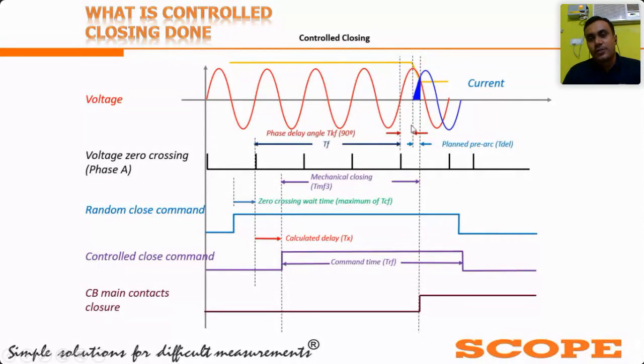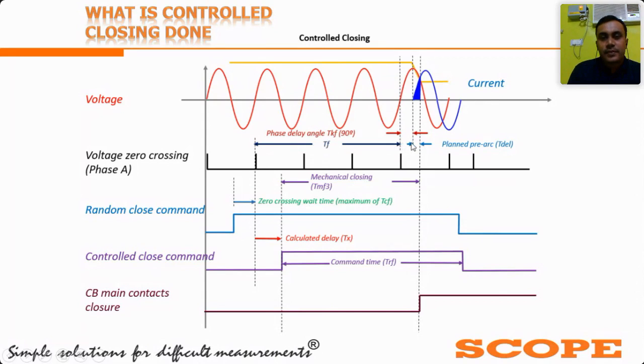So if we convert it into a formula, we will say that the breaker main contact timing minus pre-arcing time is the breaker electrical closing time.